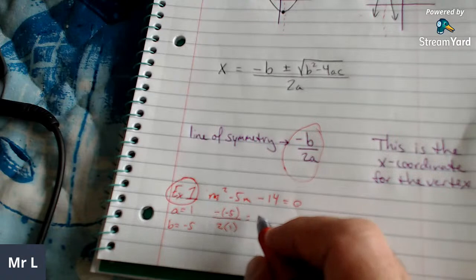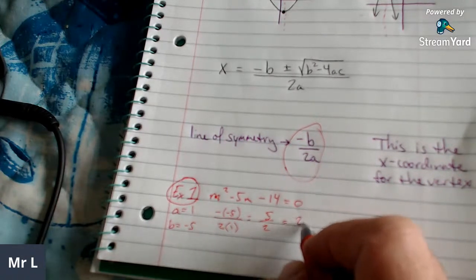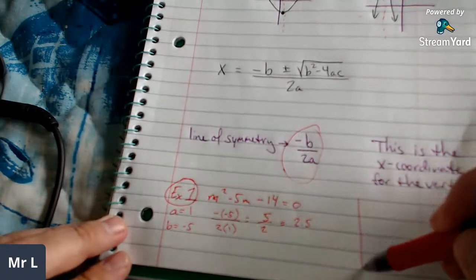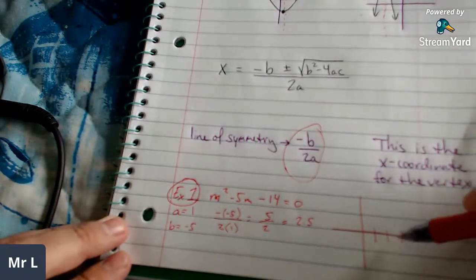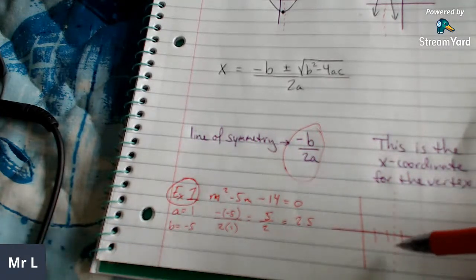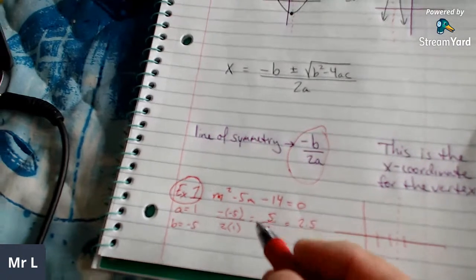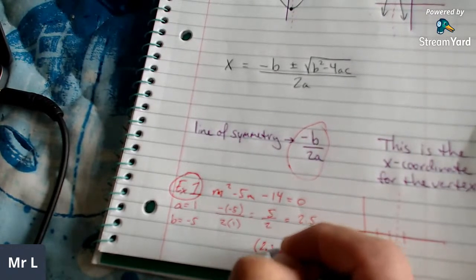Negative, negative turns positive, and 5 halves is 2.5. So if we were to graph this, at 2.5, that's where this parabola is getting cut in half. So the x-coordinate of my vertex is going to be 2.5.